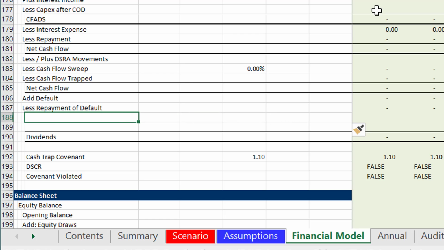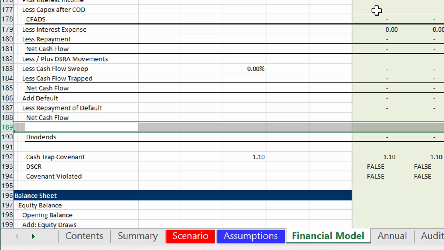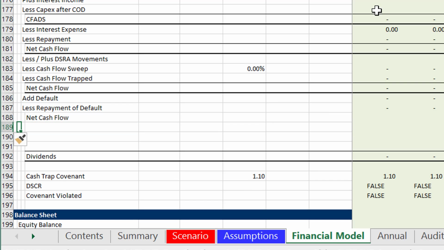another column, I guess we could put net cash flow, and it's almost not worth doing, but then we're going to put less sweep. Just a minute. I think I did it wrong.